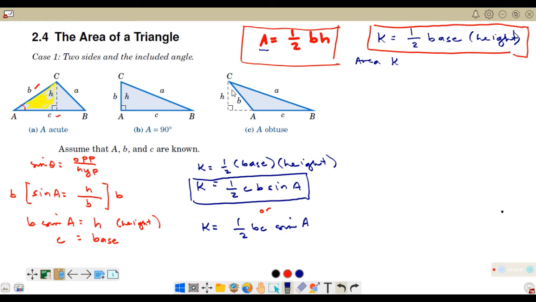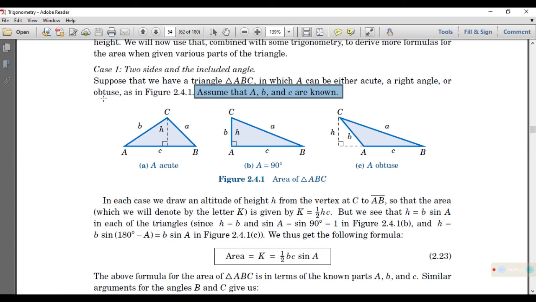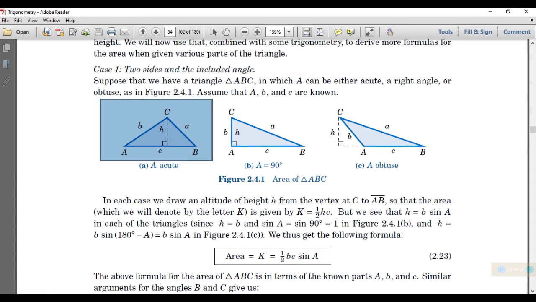Now, paano kung ang given sa inyo ay si... lagay tayo ng isa pa dito sheet. Tapos copy ko to.